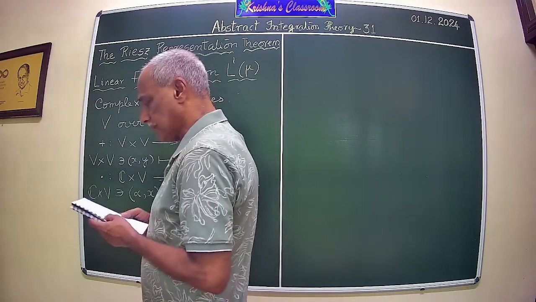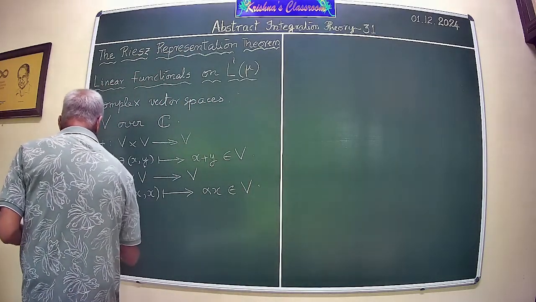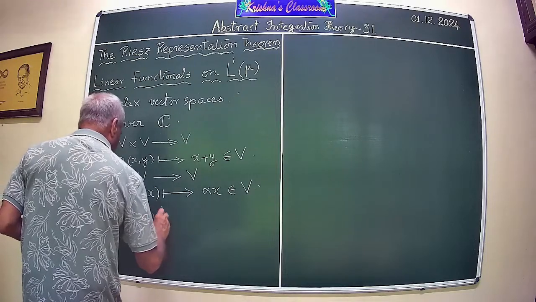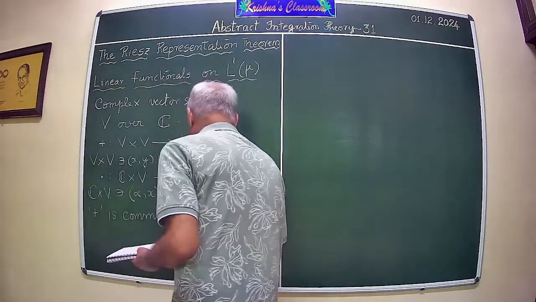Now, what are the properties that it has got? The addition is commutative. It is associative.